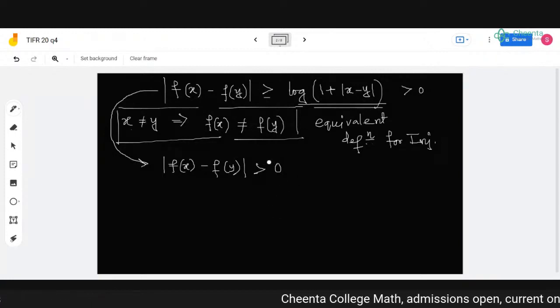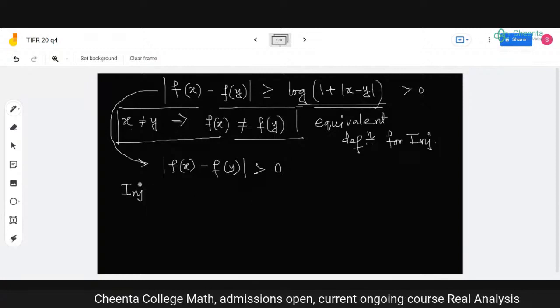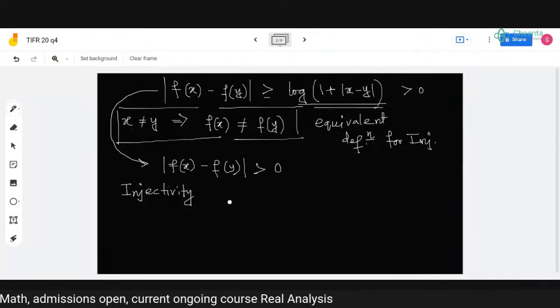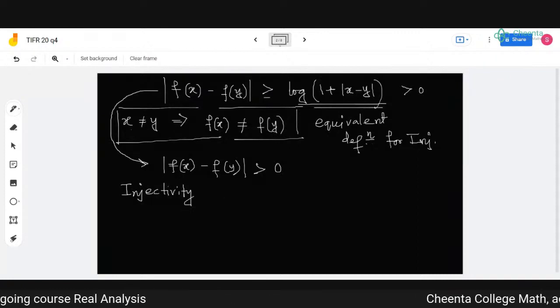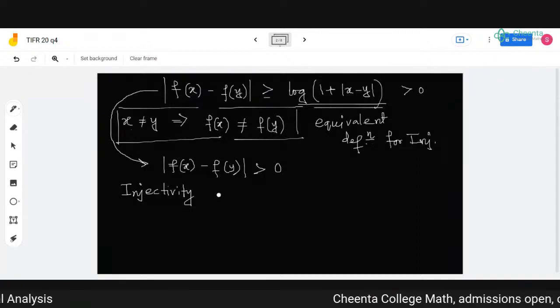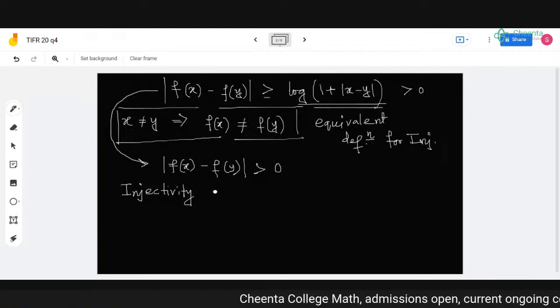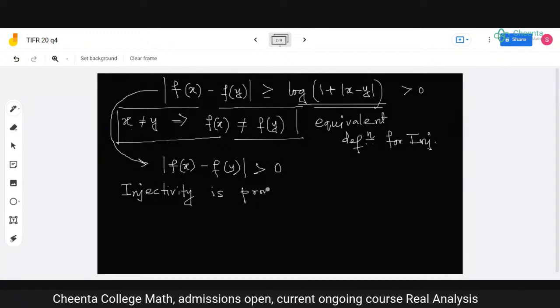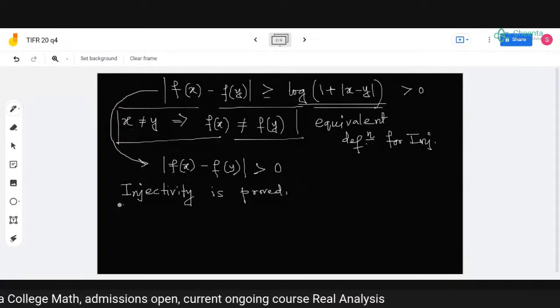All right. So that is why injectivity is kind of given. Not given in the question, but we can extract it quite easily from our hypothesis. So injectivity is proved. So this function is always injective.